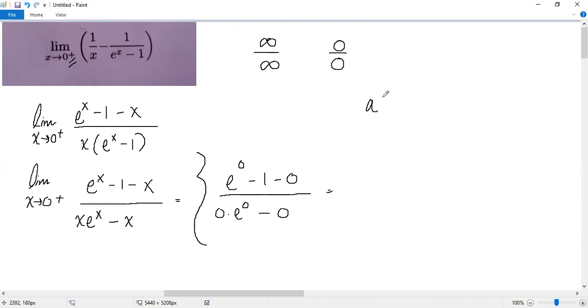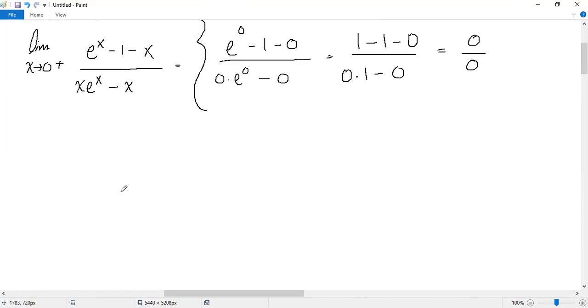Remember that anything to the 0 power is equal to 1, which means this is 1, right? So it's 1 minus 1 minus 0 over 0 times 1 minus 0, which is 0 over 0. So this is definitely a candidate to use L'Hopital's rule on.